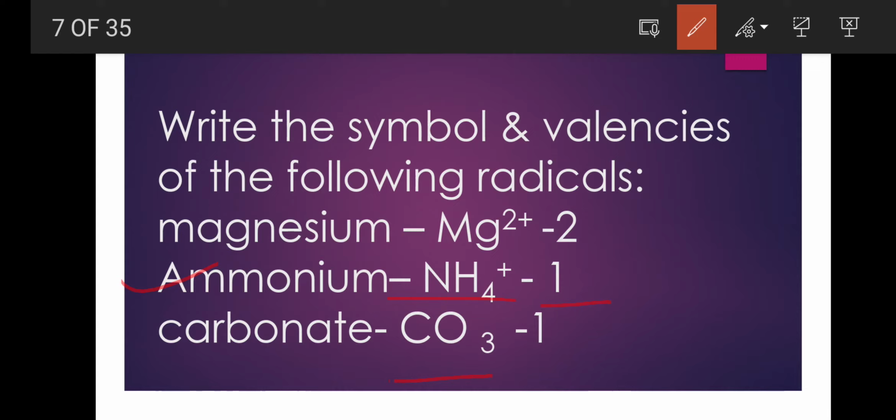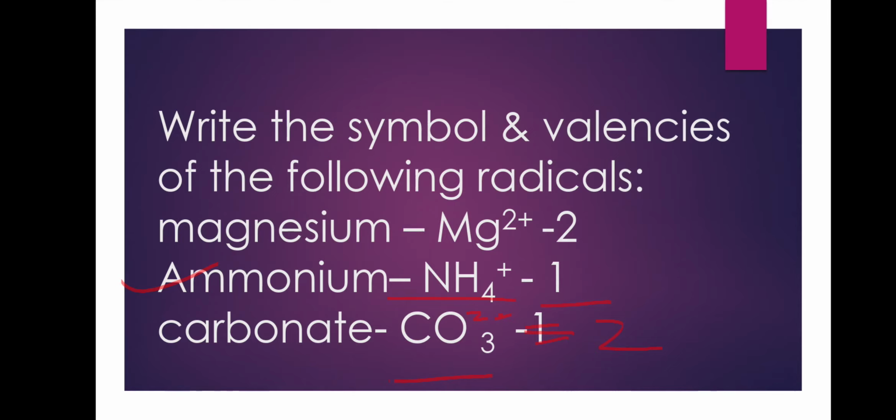So, carbonate is CO3. Clear? And its valency is 2, not 1. So, here you can write 2 minus, means power you can give CO3 and then power 2 minus, and its valency will be 2.